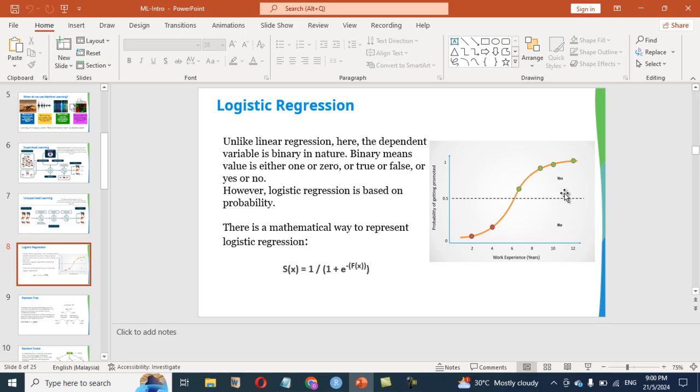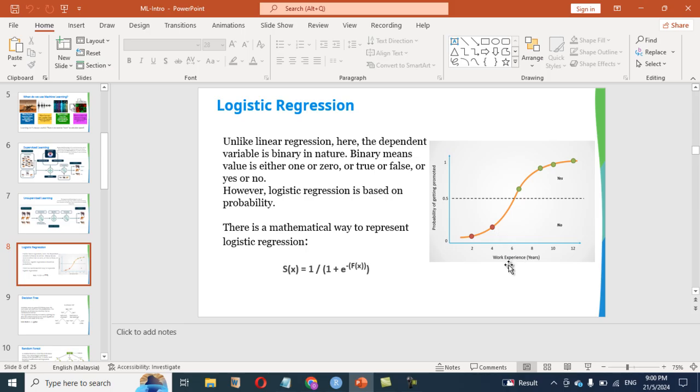The y-axis is divided into two equal halves, from 0 to 1, so half is 0.5. That is how logistic regression operates. Then this particular line is the threshold: anything above this line is positive, anything below this line is negative.